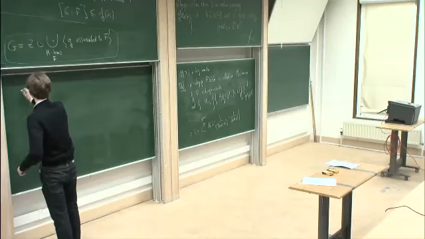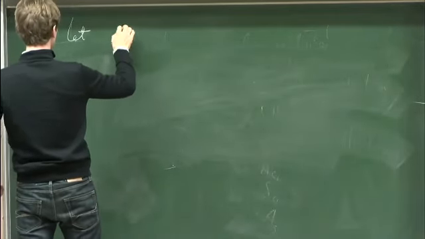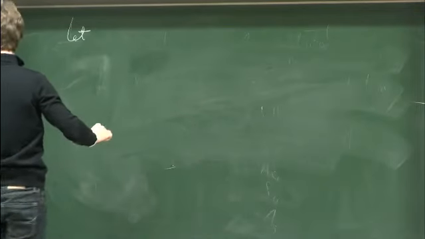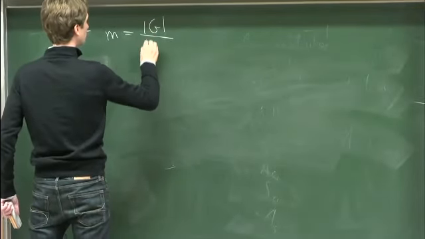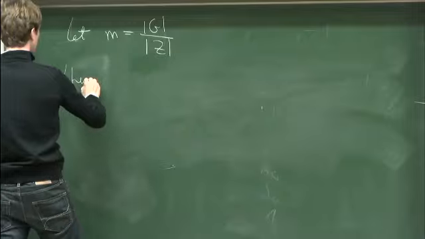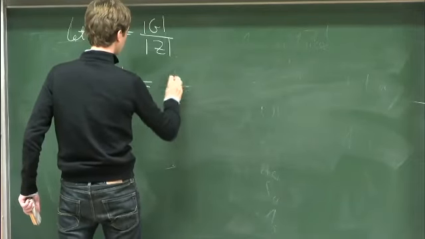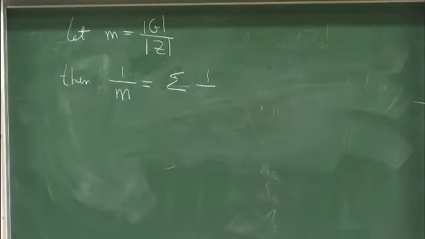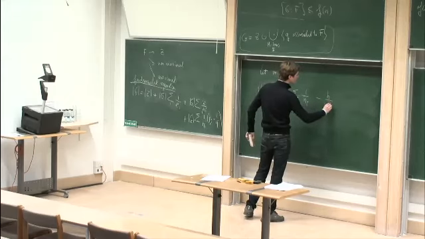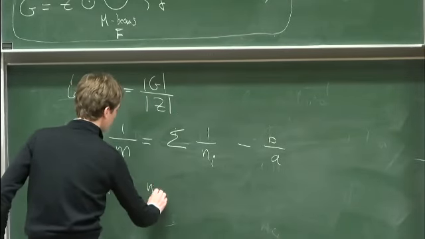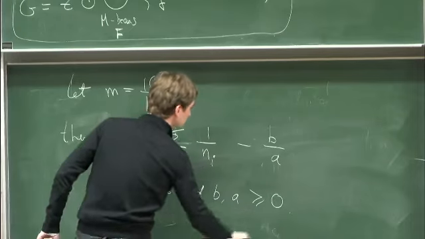So if you divide by, let's call it M, with G mod Z. Then you get 1 over M is equal to a sum of 1 over n_i's minus b over a, where the n_i's and the b and a are positive numbers, and integers.